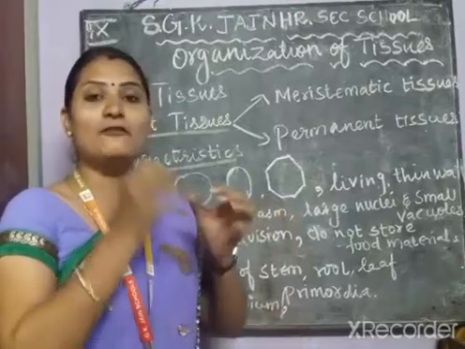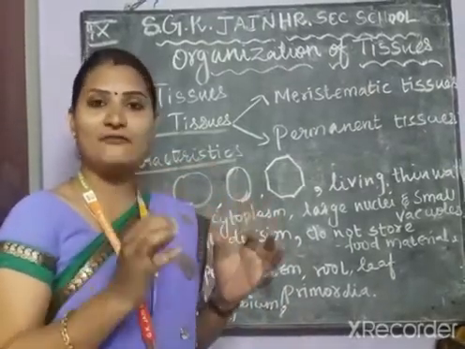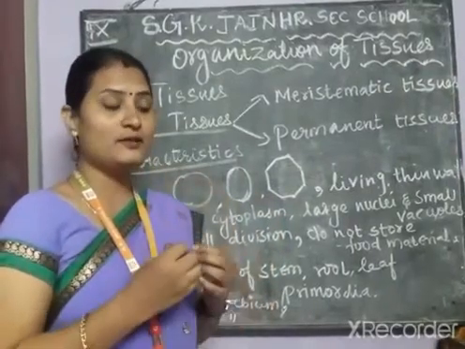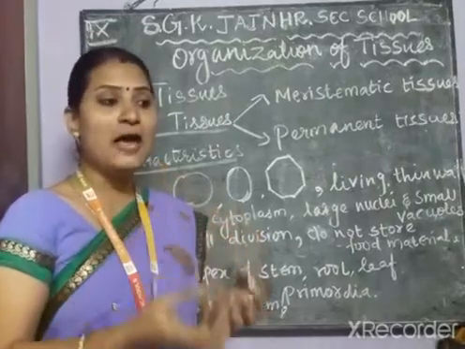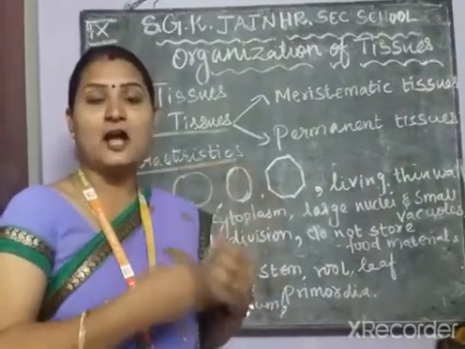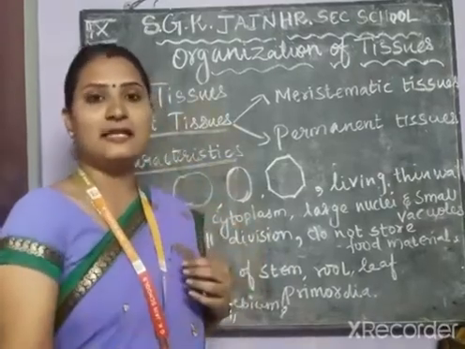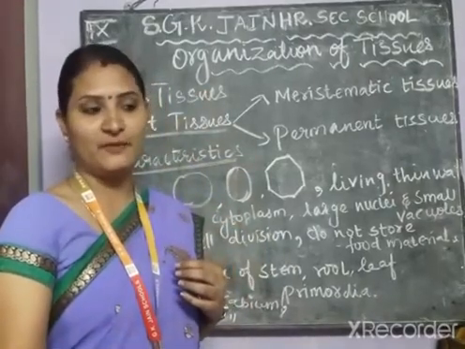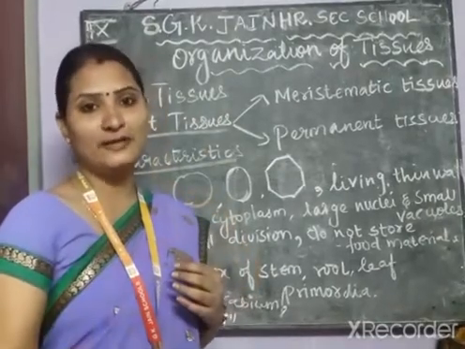They are a group of immature cells. Immature cells means they do not have a specific function. Because they are immature, they themselves don't know which specialized cell they are going to be. If the plant wants a guard cell for the stomata, they will turn into a guard cell. If the plant needs a root cell, they will turn into a root cell.